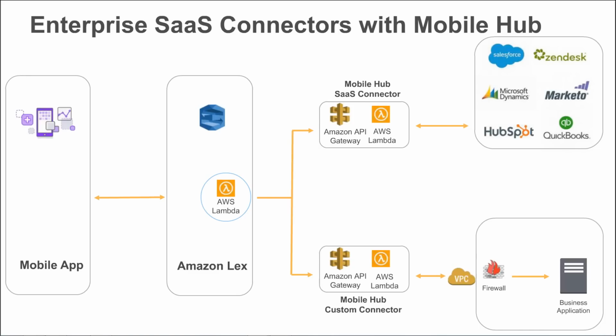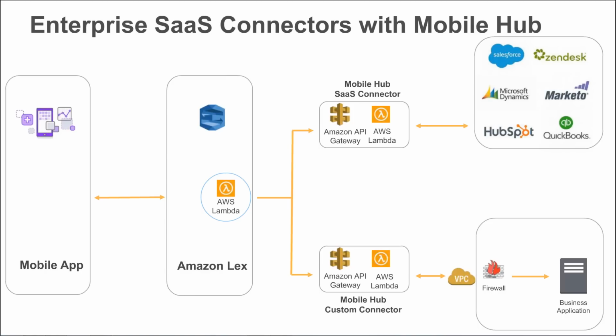Enterprise SaaS connectors. There are different ways you can hook up your enterprise SaaS connectors. This is one configuration where you have the mobile app and your bot on the mobile phone, and your salespeople can say, hey, what are my top 5 customers that I need to call today? That comes to Lex.